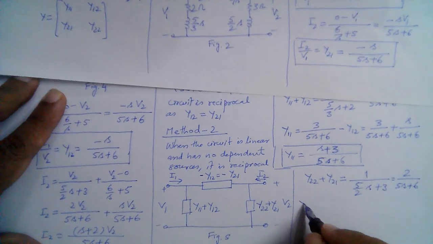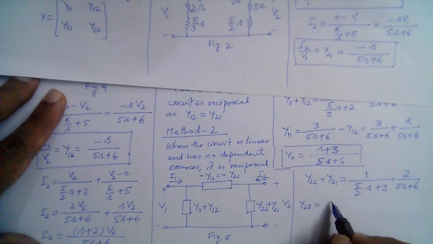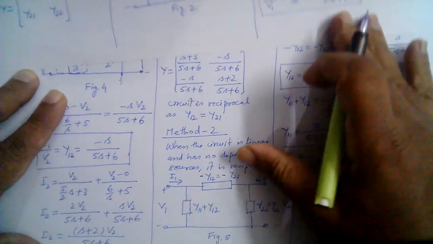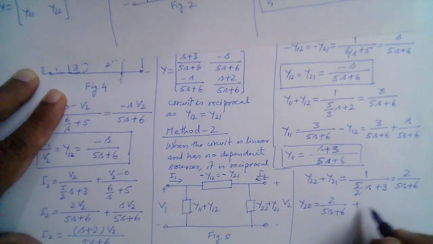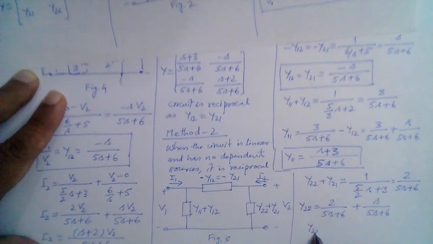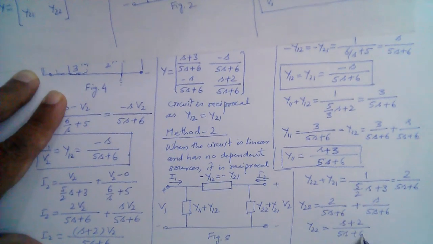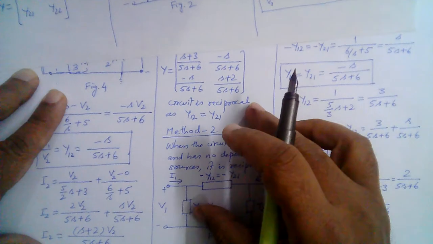So y22 is equal to 2 over 5s plus 6 minus y21. So minus y21 is equal to s over 5s plus 6, right? So the denominator is the same, so y22 is equal to s plus 2 divided by 5s plus 6, right? So we have determined all the 4 parameters using the second method.